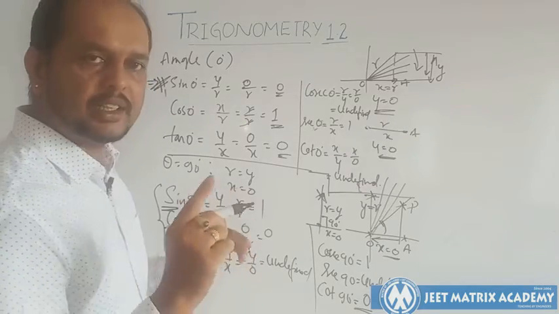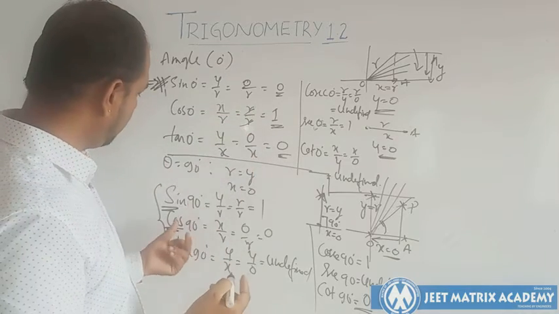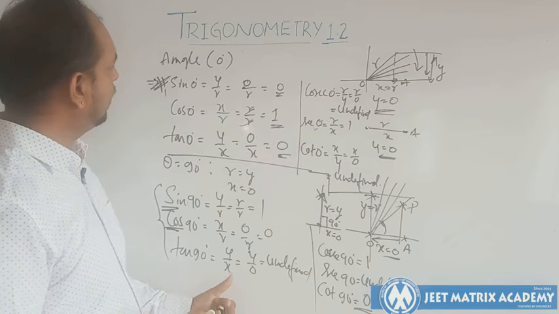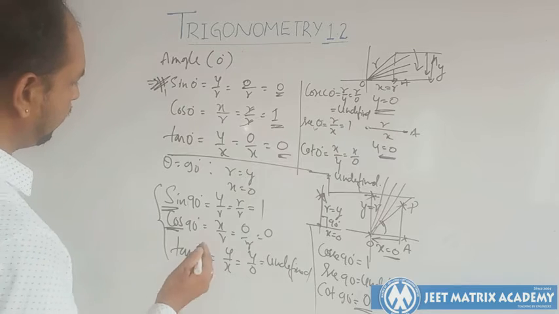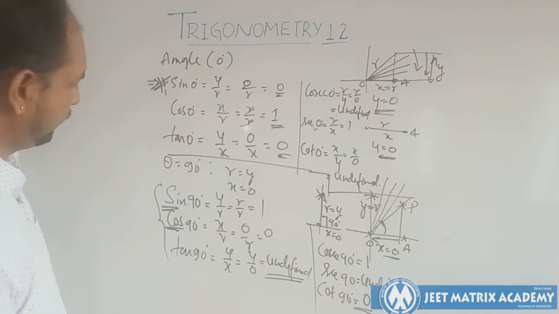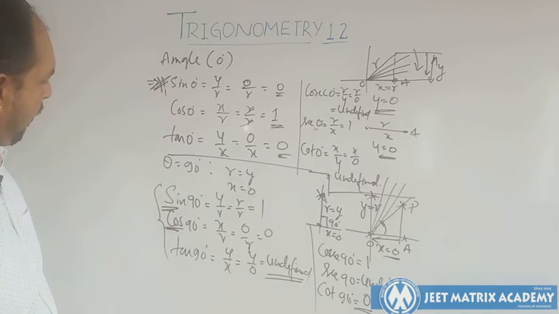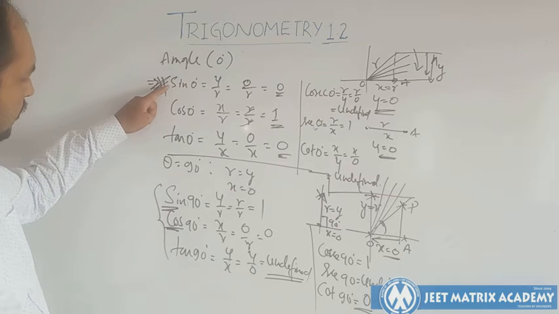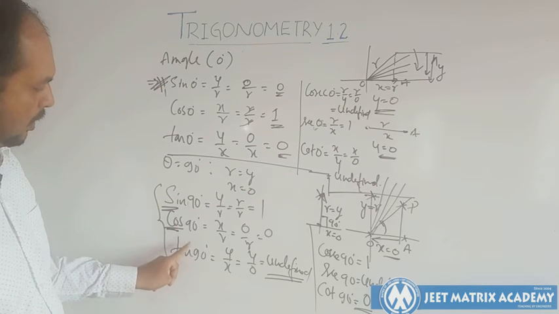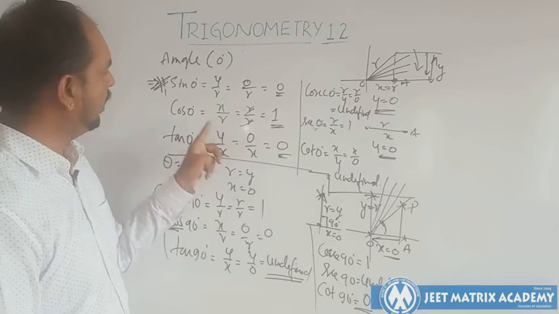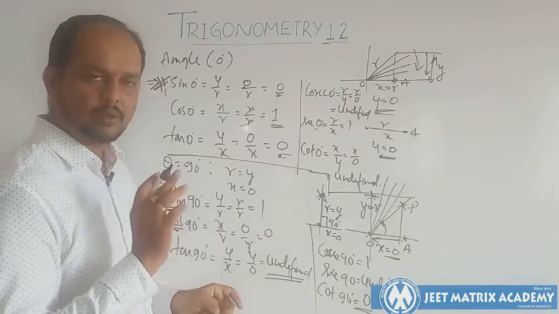If you remember these two, tan is very easy, sin by cos. Sin 0 by cos 0 is 0 by 1, which is 0. Sin 90 by cos 90 is 1 by 0, which is undefined, or it will go to infinity.